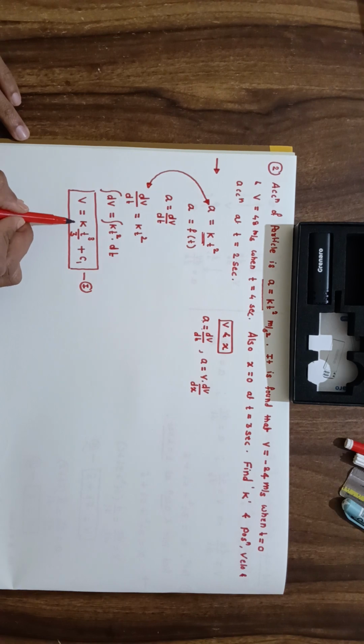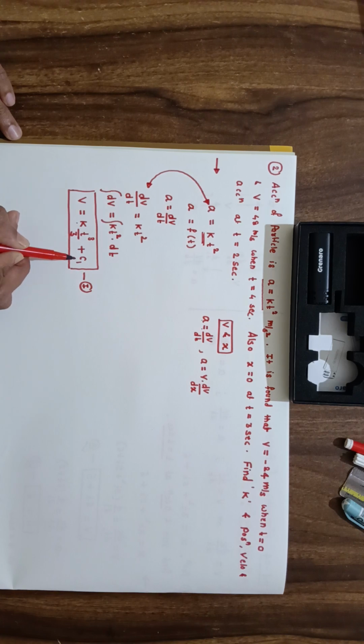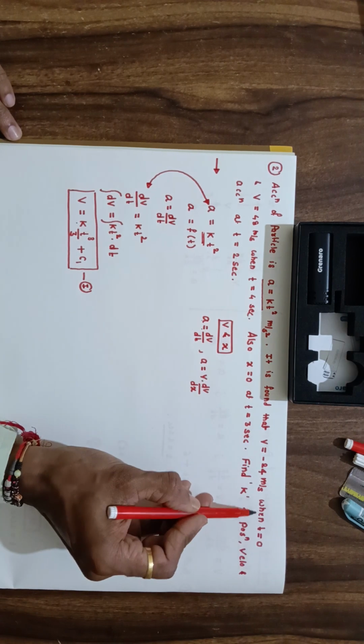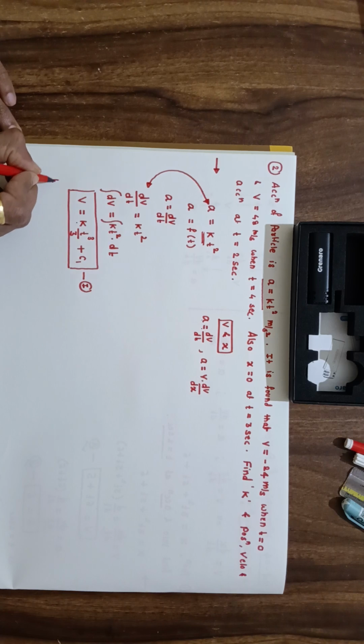In this equation we have to find out the value of k and value of constant c1. Okay, so as there are two unknowns k and c1, we need two conditions. So the first condition is, refer the problem, v equal to minus 24 when t equal to 0. So right here, when t equal to 0, the v value is equal to minus 24. Put this condition in the equation 1.